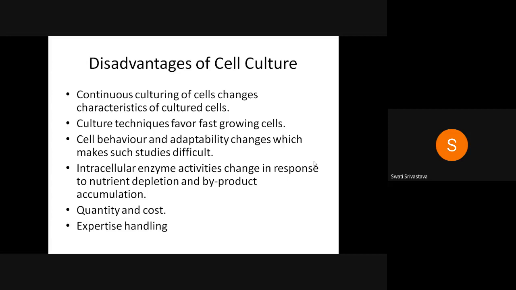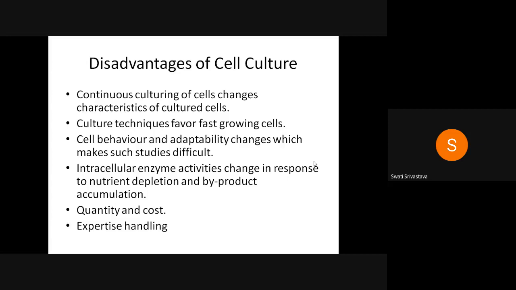So there is very much change in the characteristics of the cultured cells. Genetic instability, phenotypic instability, all that comes in when you do continuous culturing.